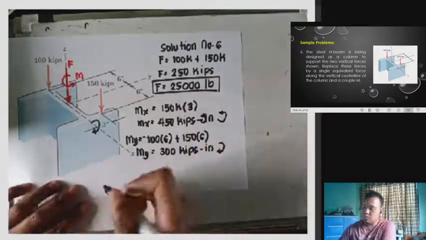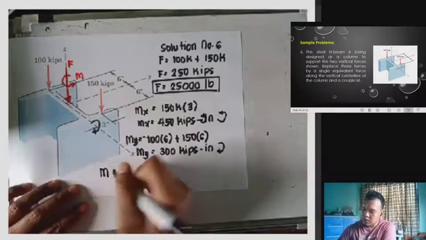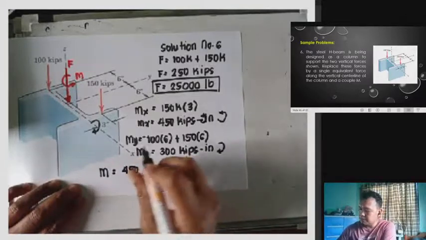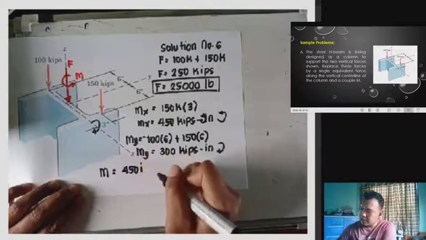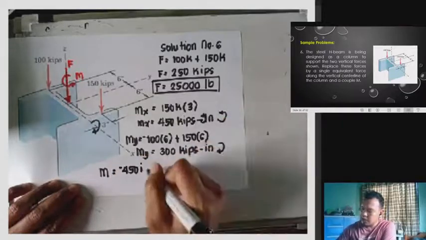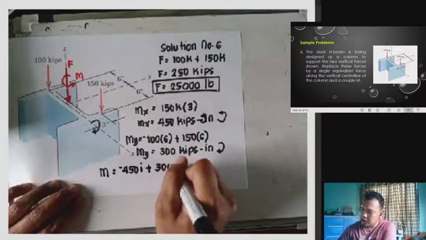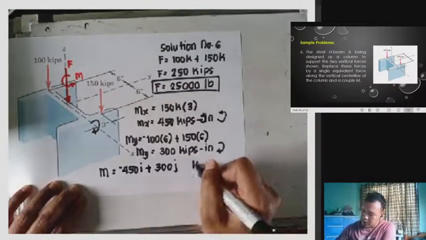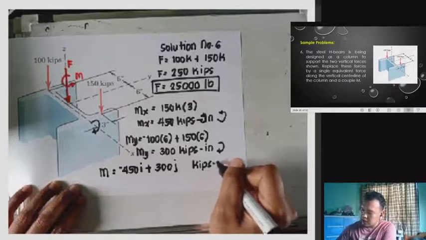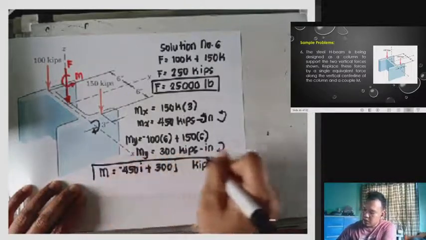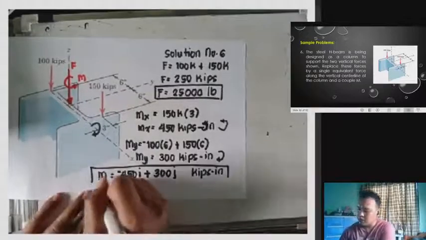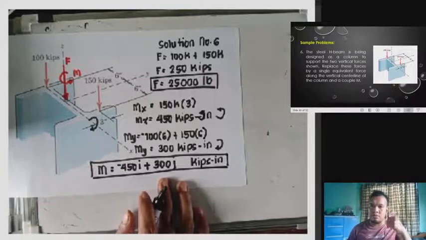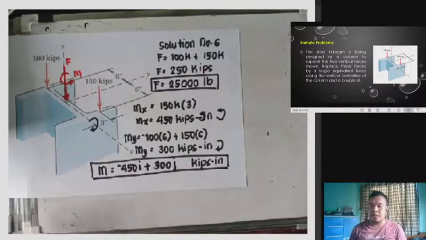So, kung susulat natin yung moment, we have here, moment is equivalent kay negative 450 i, negative kasi nga counterclockwise, plus 300 j. So, lalabas, ito po yung sagot natin, kips inch. Or either, yung sagot natin is naka-vector quantity, vector component pa siya. No? Yung identify mo pa kung ano yung sa i and sa j.